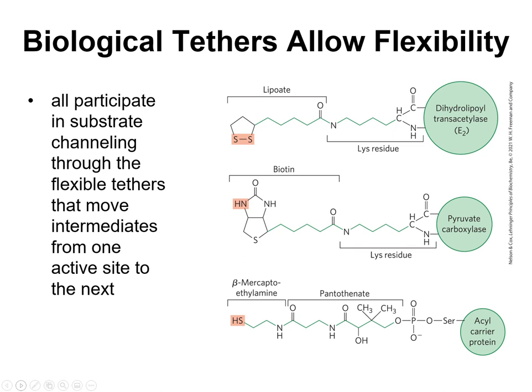So if you have this long arm that can move an intermediate from one active site to another, whether that's within the enzyme itself or to another enzyme in a large complex, you're going to increase efficiency and decrease the amount of side reactions that occur. And you'll also speed up the reaction in terms of not having to wait for diffusion for the product of one enzyme to get to the active site of another.